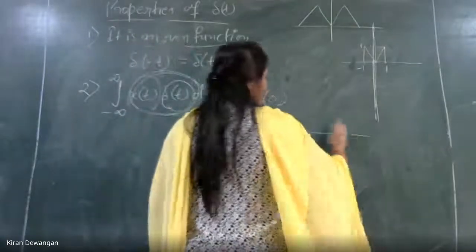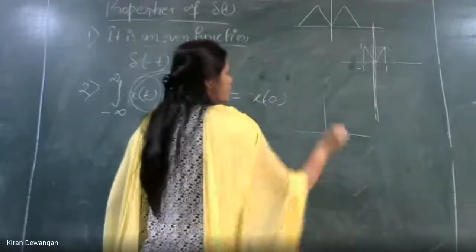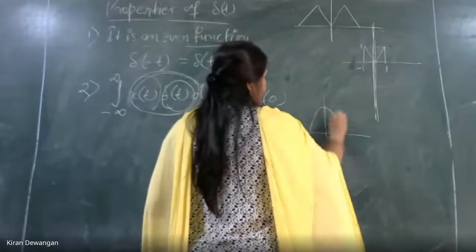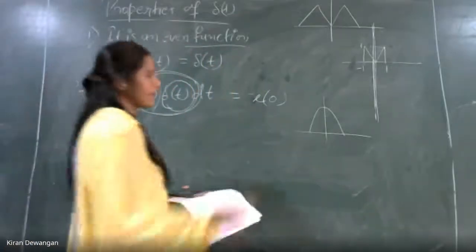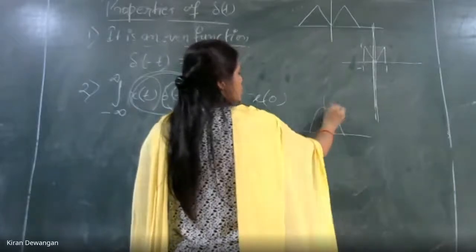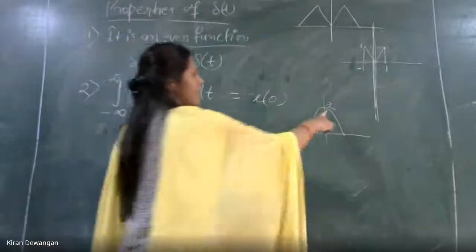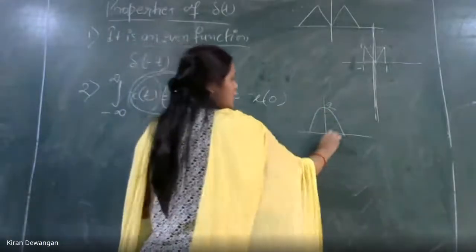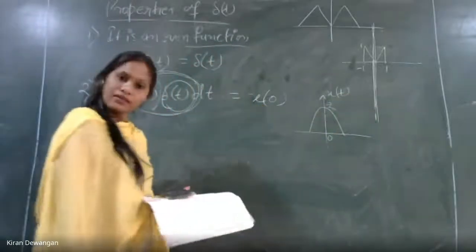Suppose, let us take, this is my xt, ये मेरा xt है, ठीक है? Now this is the value of xt at t equals to 0. Suppose it is 2, this is the value 2 at t equals to 0. This is my xt. Clear?